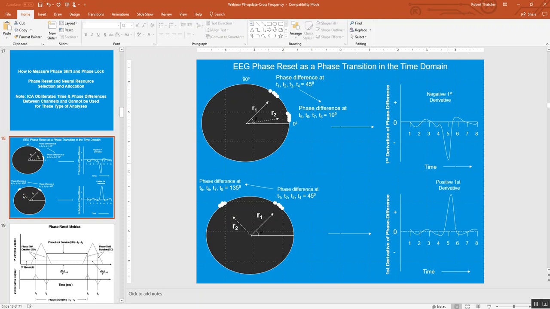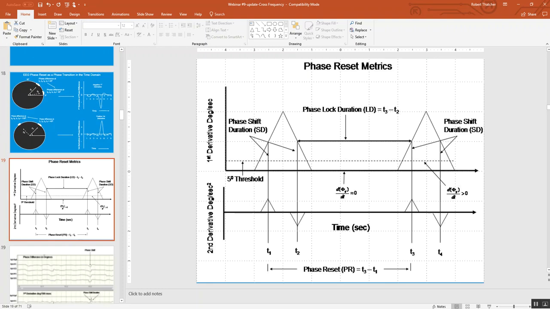So the first derivative is high. After the phase shift, there's consistency, or very little change. So now the first derivative equals 0 again. So the first derivative is a good way, and the second derivative, I'll show that in a minute, a good way to quantify the duration of phase shifting and the duration of phase locking.